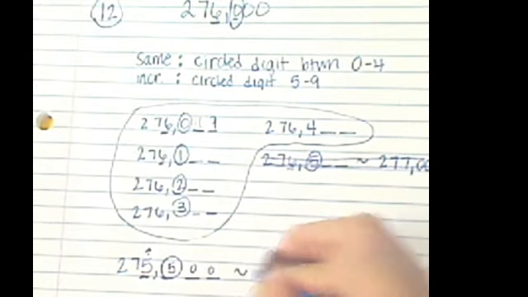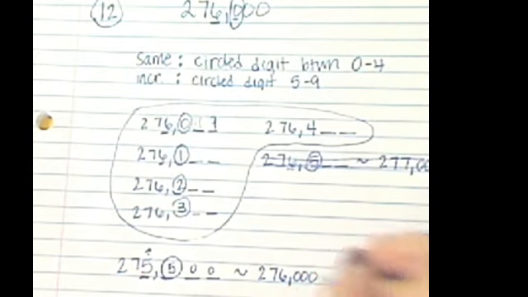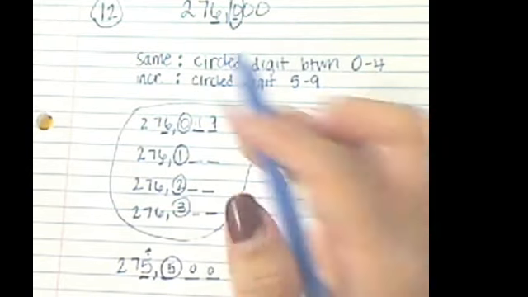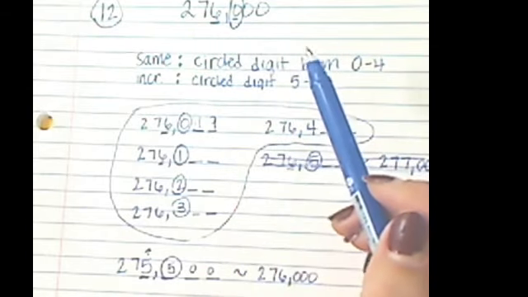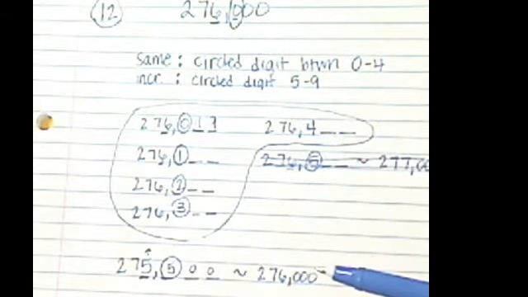So this rounds to 276,000, which is exactly what Sabrina had estimated. So, yes, Emilion, I see you say it has to be 5 or more.